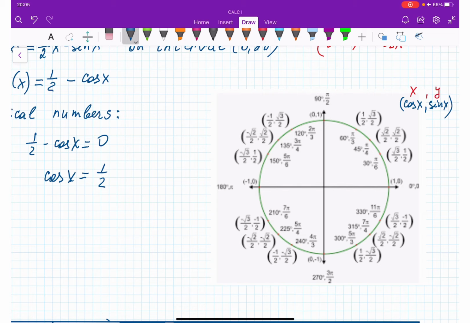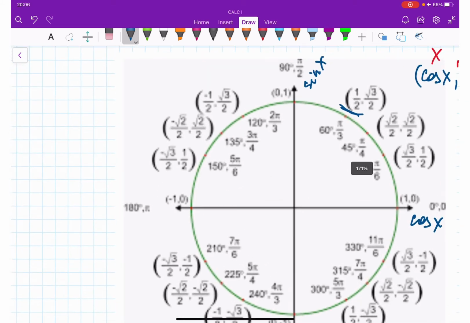So this axis is our cosine x, and this is our sine x. That's why first comes cosine, second comes sine, so x and y. So let's see which point has 1/2 as its first coordinate. Here it is, which is pi over 3, right?